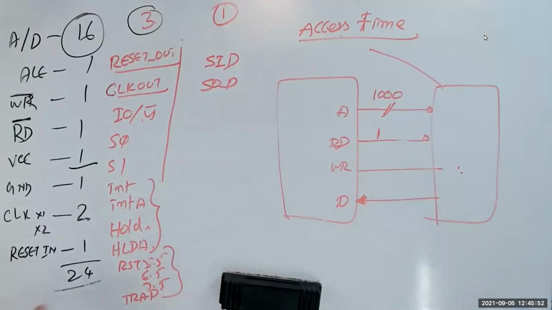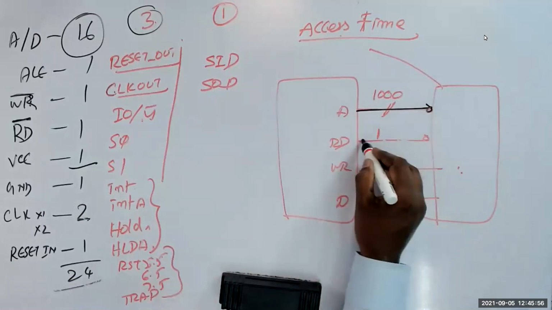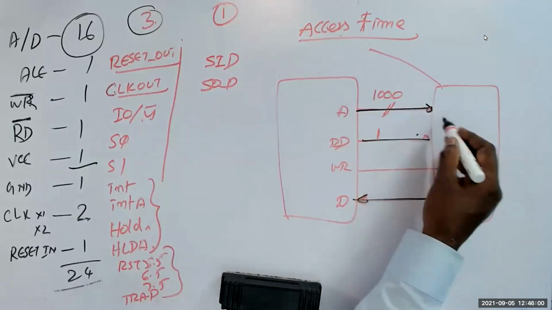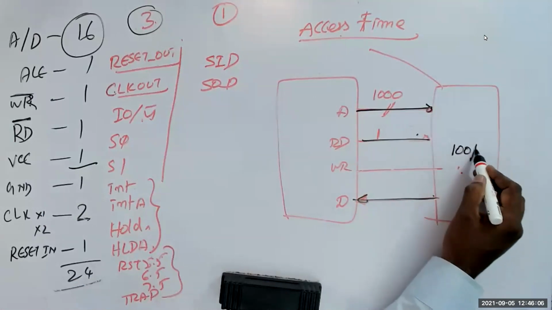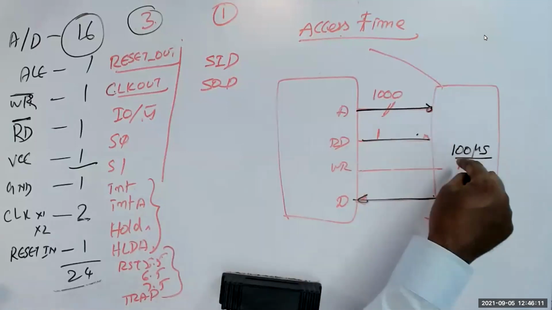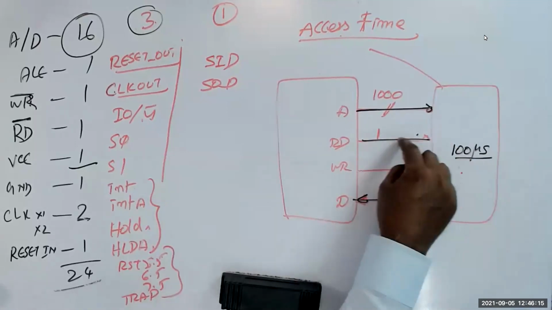Now, what is access time? You give the address, you give read. From that time, how much time does it take to give you data? Let us say it takes 100 microseconds. It means this memory will take 100 microseconds to give the data.